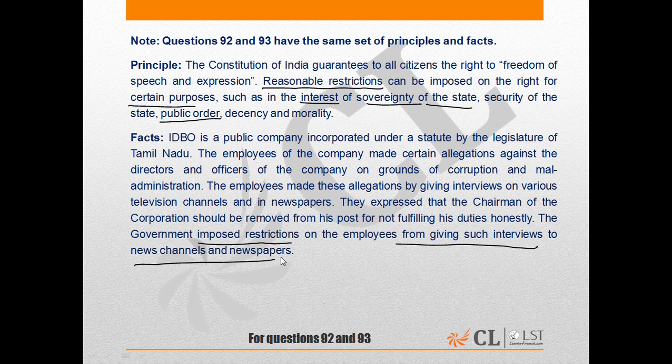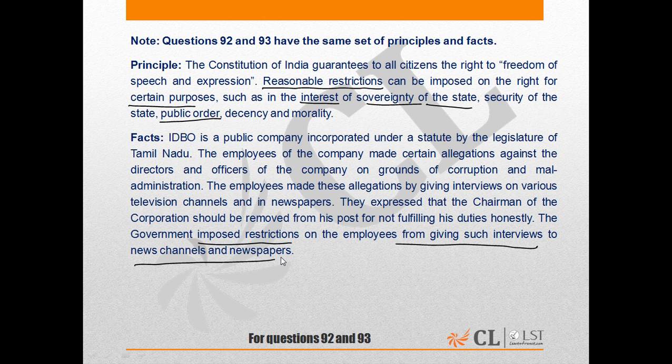So if such an interview is given on a television channel, there can be a public disorder. How can there be a public disorder? Because it's a public limited company, it would definitely have a lot of investment from other people. There would be a lot of shareholders, there would be other investors in the company, the entire stock market, there would be shares.